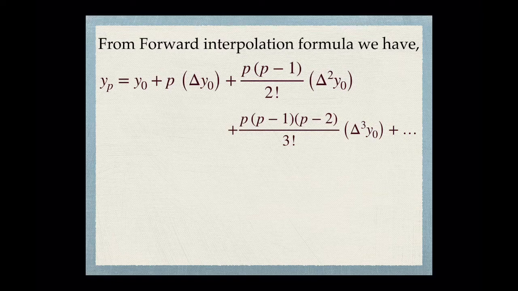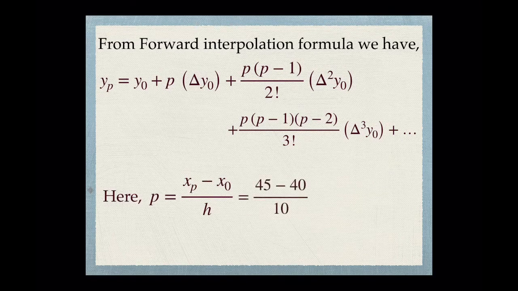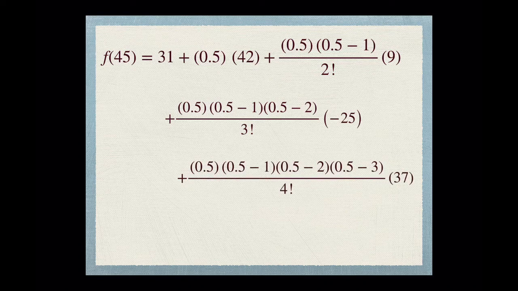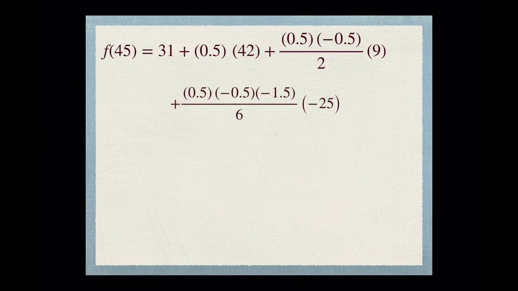So in our interpolation formula, the new p value, of course here, xp value is 45 minus x naught value 40, divided by h value, the same h value, 10. So it is 5 by 10, which is 0.5. Substituting that into the interpolation formula and simplifying.